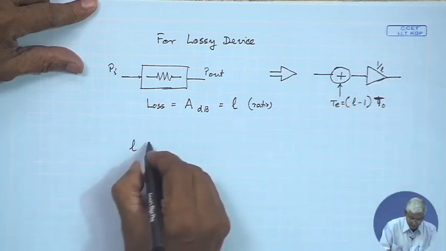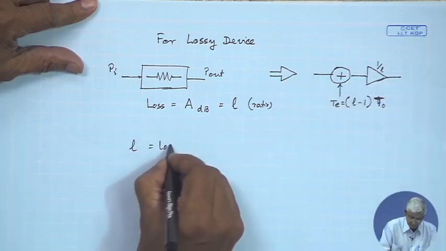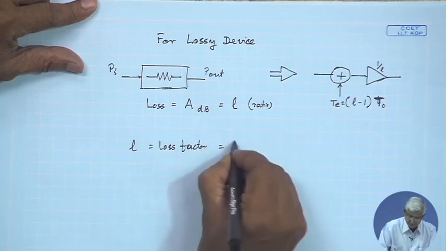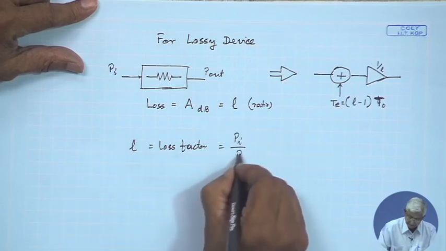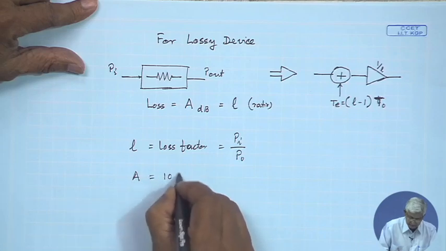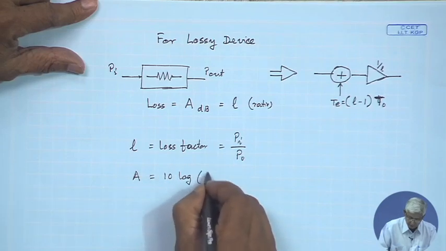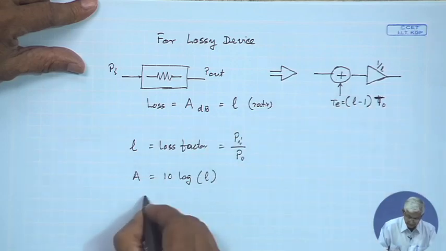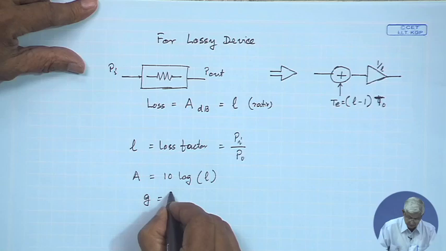So, L, small l, is called the loss factor, which is PI by PO. The A is 10 log of L, and obviously the gain in terms of ratio is G equal to 1 by L.